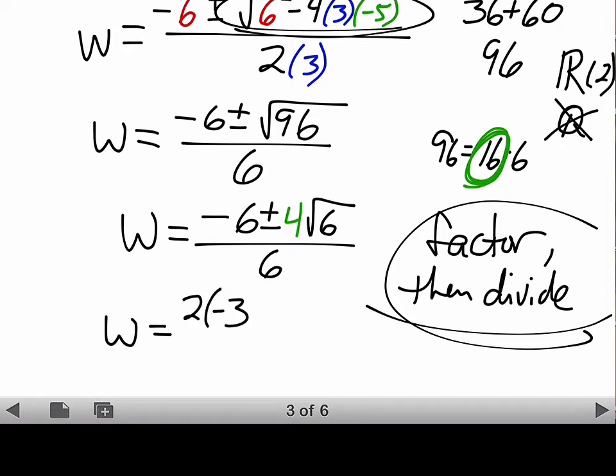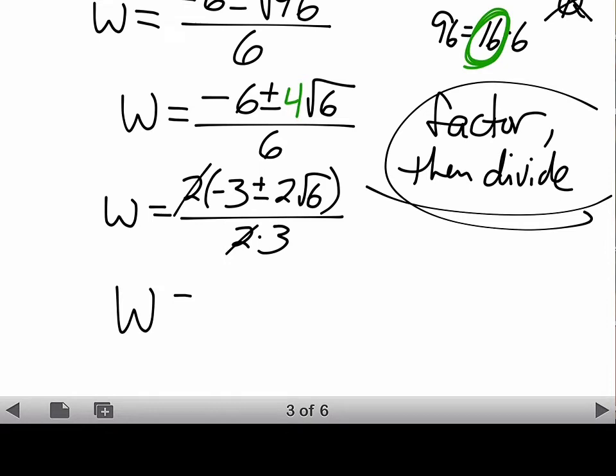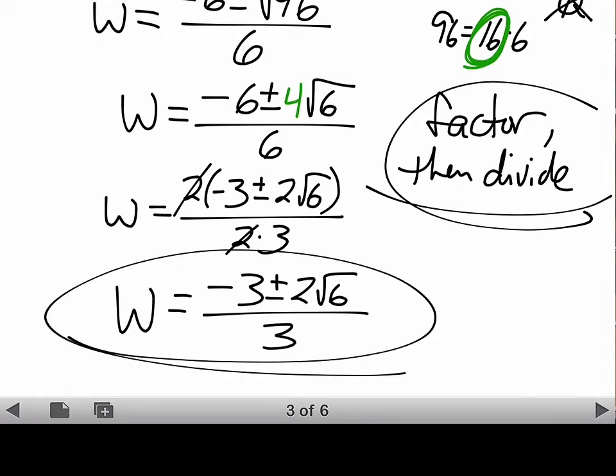So I get 2 times the quantity of negative 3 plus or minus 2 root 6 over 2 times 3, if you want to factor that denominator even. And dividing out the 2's gives me w is equal to negative 3 plus or minus 2 times the square root of 6 all over 3, which I would accept as a final solution.